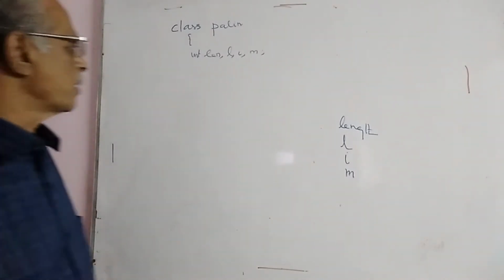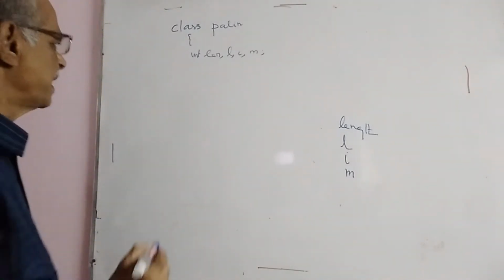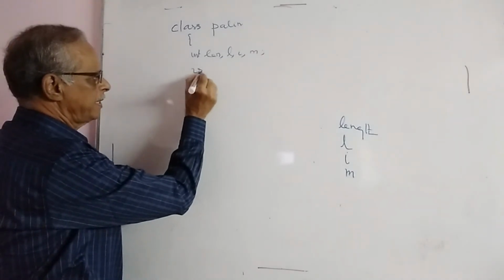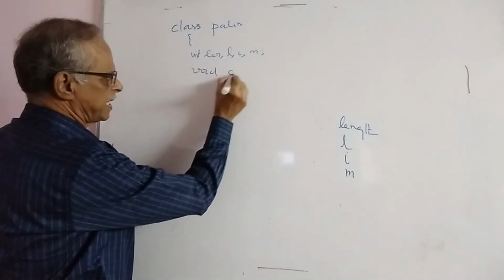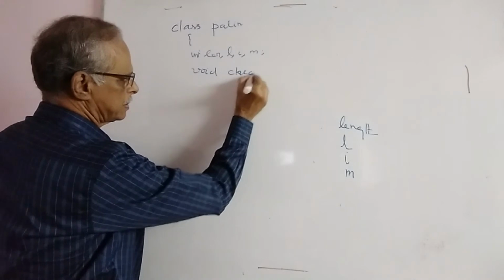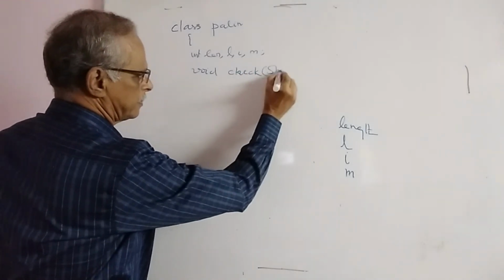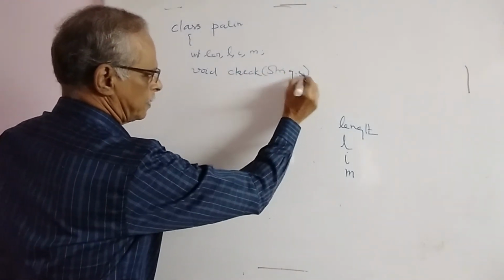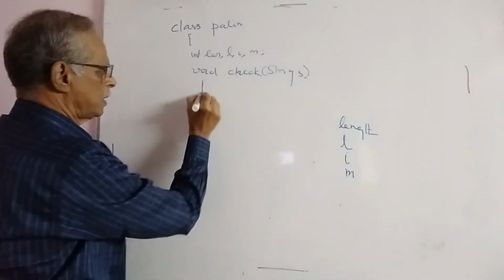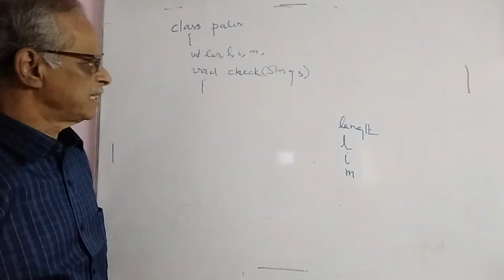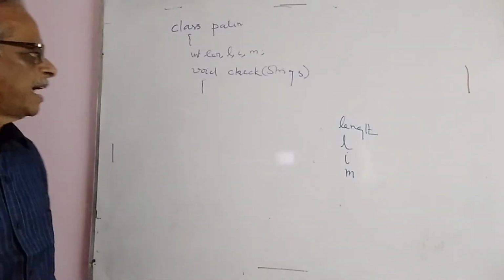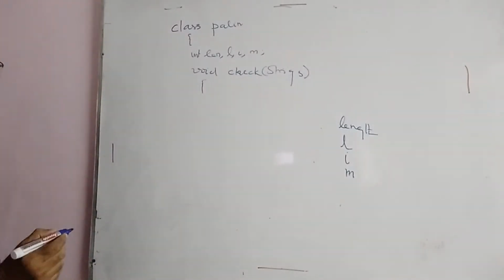Now we are going to write a method, void check string. Check is a method which expects one string and will not return anything.